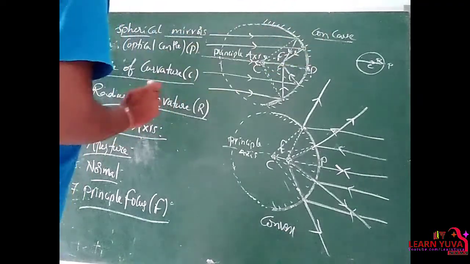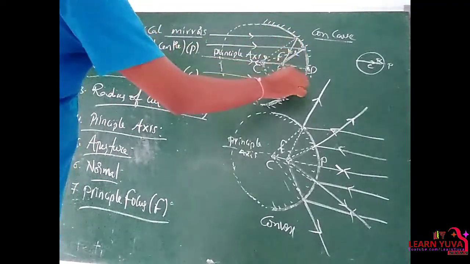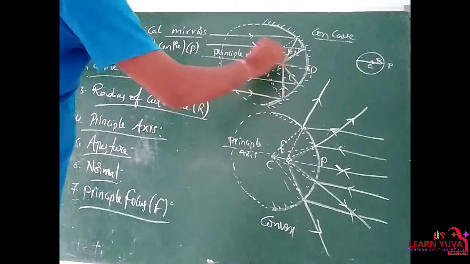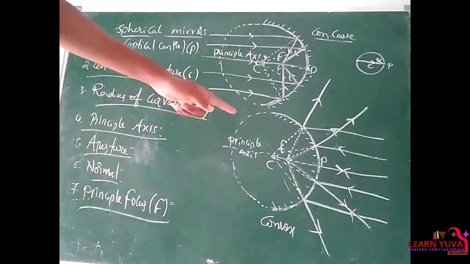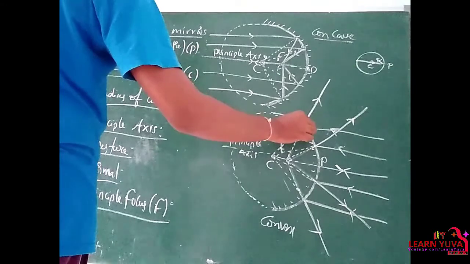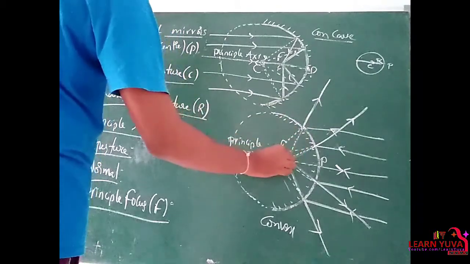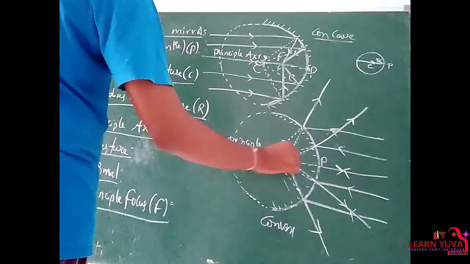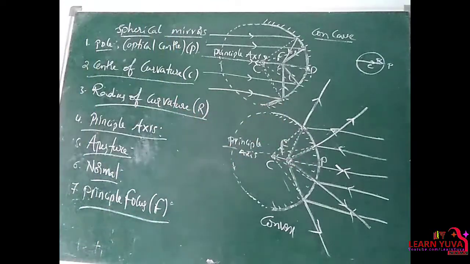In the case of a convex mirror, whenever the rays fall on the mirror, they get reflected. These reflected rays appear to come from and meet at a point, and this imaginary point is the principal focus of a convex mirror.